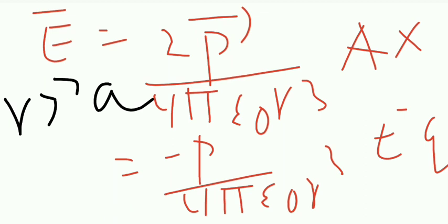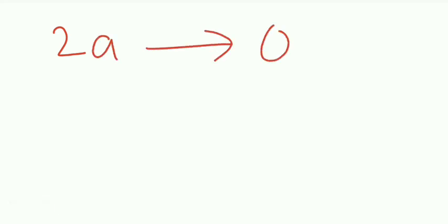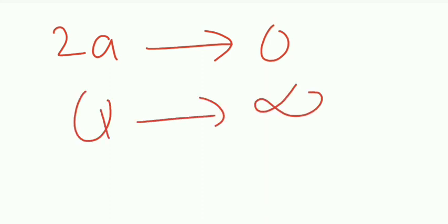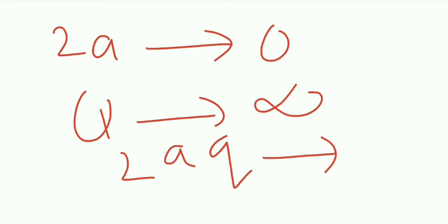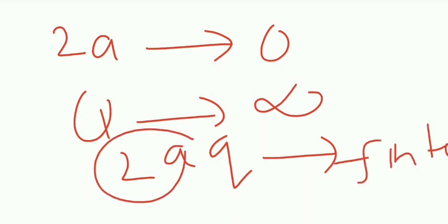But what if the distance between the two charges, which is 2a, approaches 0, and q tends to infinity? We know the dipole moment is 2aq. It will remain finite, because 2a is closer to 0 and q is closer to infinity.